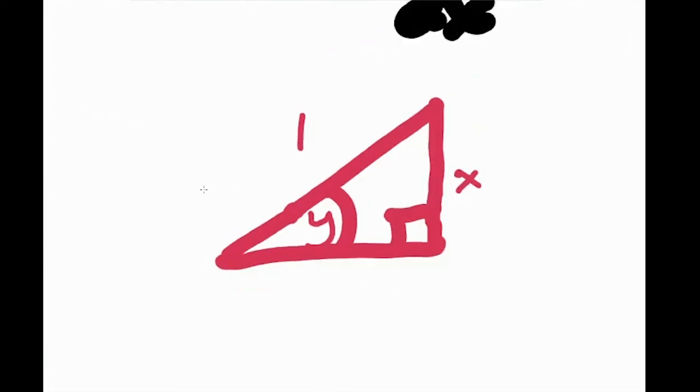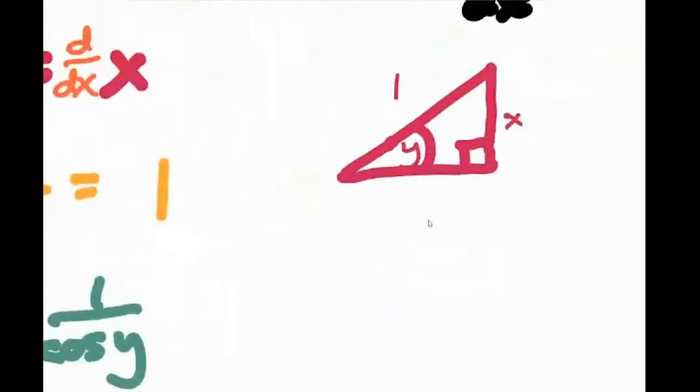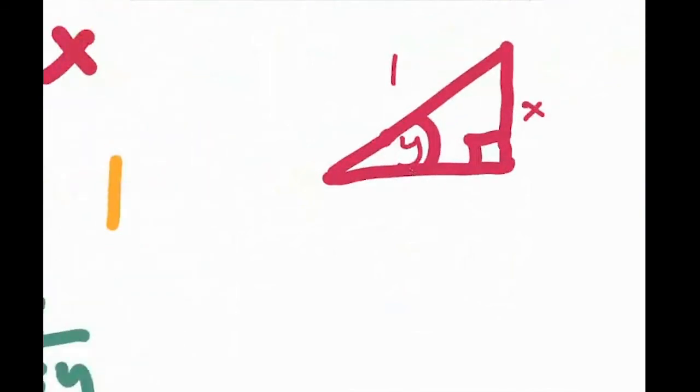But what do we need? We need cosine Y. So what's cosine Y then? What's this equal to here? Don't write B. I shouldn't have wrote that in there because people are going to say B over 1.